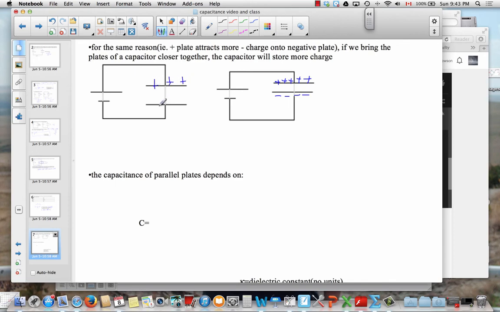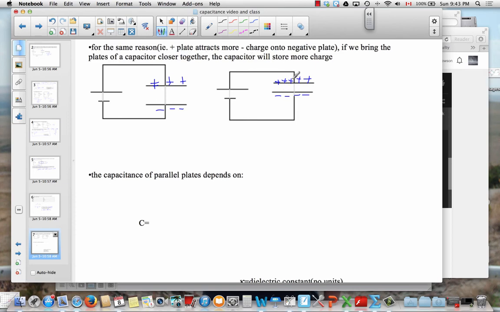Let's say you've got this capacitor here, and let's say, and this is a common piece of lab apparatus, that you're able to actually move this plate in towards the negative plate. What you'll find is that more charge will be pulled onto this negative plate because these positive charges are now closer than they were before. So they're going to exert an attractive force and pull more charge on there. The positive plate attracts more negative charge onto the negative plate if we bring the capacitor closer together.